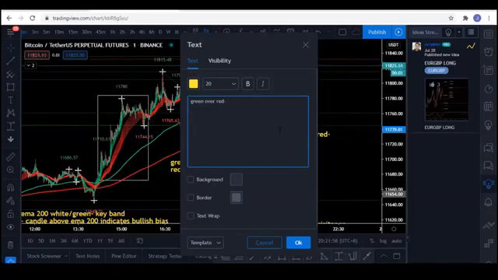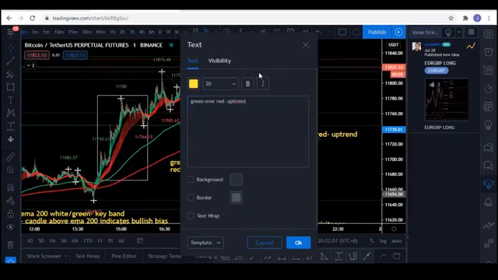Uptrend. And then red over green indicates a downtrend in our price action.